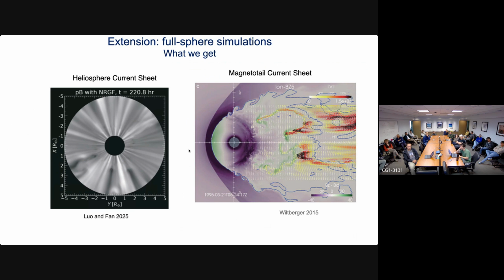Both phenomena show very dynamic inflow and outflow patterns and reconnection events, even though they are of different spatial and temporal scales. And we plan to make more detailed analysis and comparison between the two phenomena.